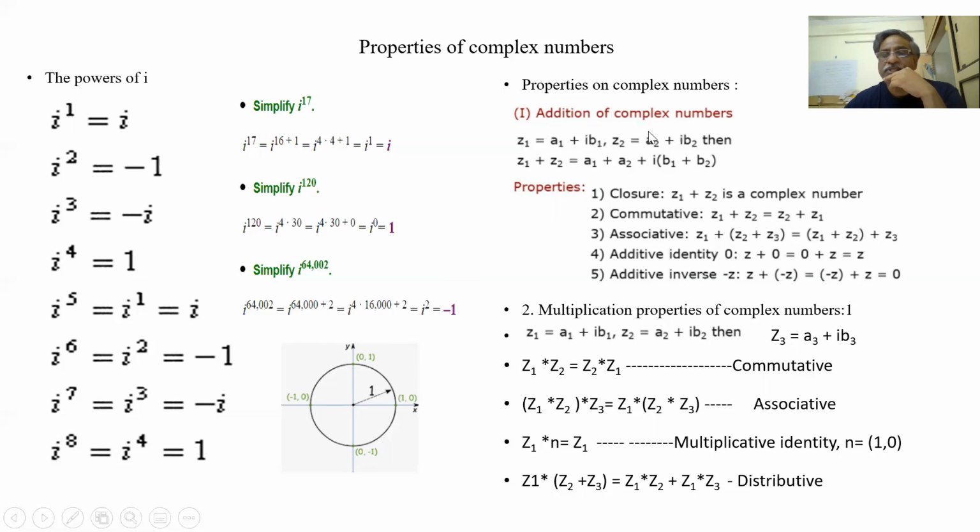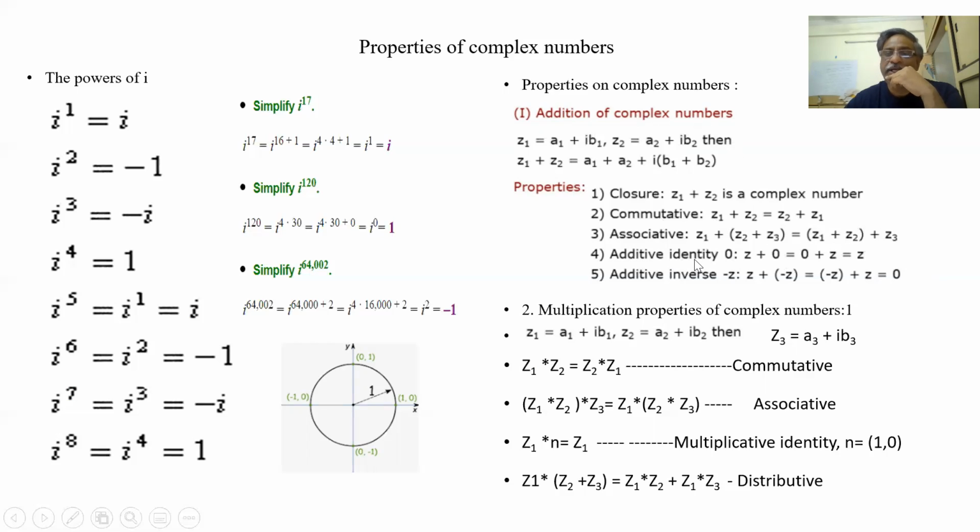When I add Z1 plus Z2, it is a1 plus a2 plus i into b1 plus b2. If I add Z2 plus Z1, it will remain the same. So that is why it is commutative: Z1 plus Z2 is equal to Z2 plus Z1. Similarly, it is associative. I can add Z2 plus Z3 first and then Z1, or I can change the sequence. Whatever it may be, the real terms will be added separately, and the imaginary terms will be added separately.